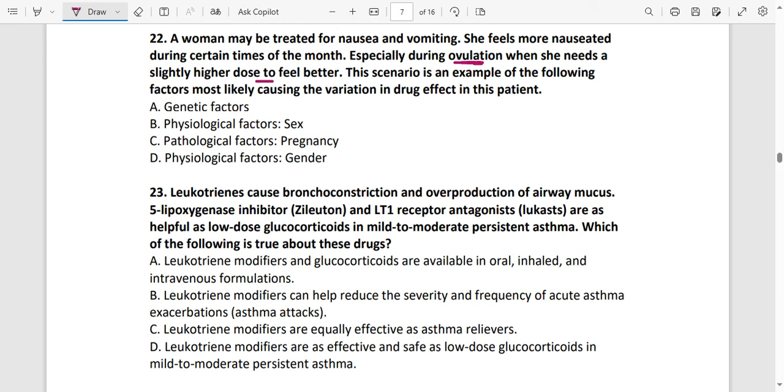Since we have got another physiological factors, gender. Okay, thank you. Anyone that wants to give it a try?